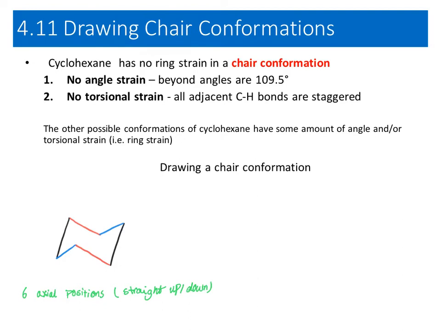And we can have 6 equatorial positions, and they are at an angle.